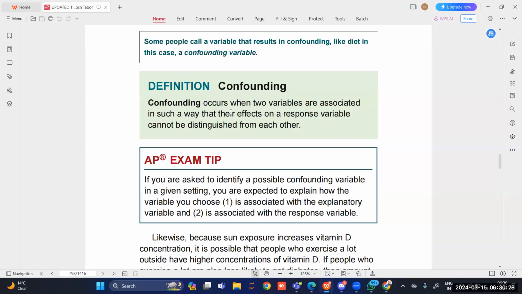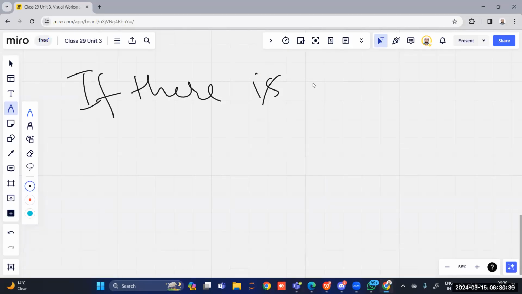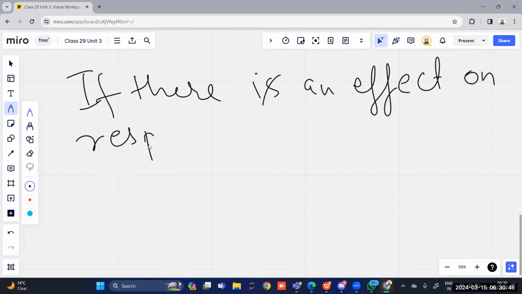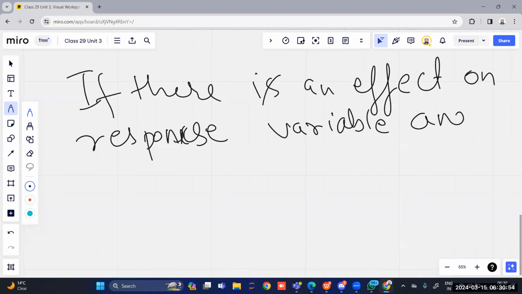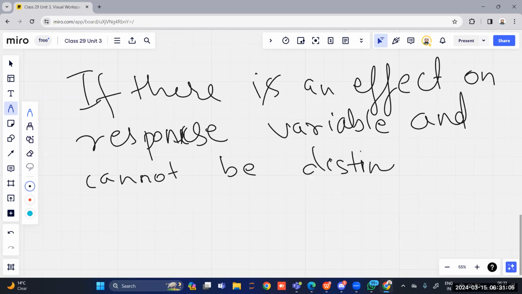Confounding occurs when two variables are associated in such a way that their effects on a response variable cannot be distinguished from each other, but there is some association between them.